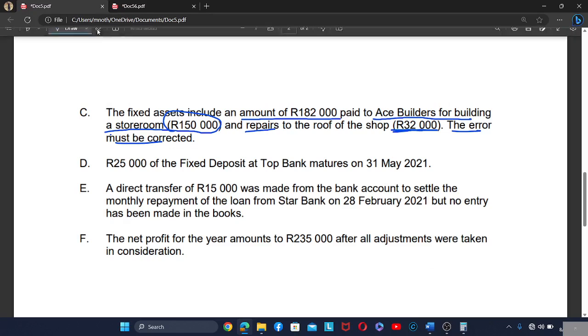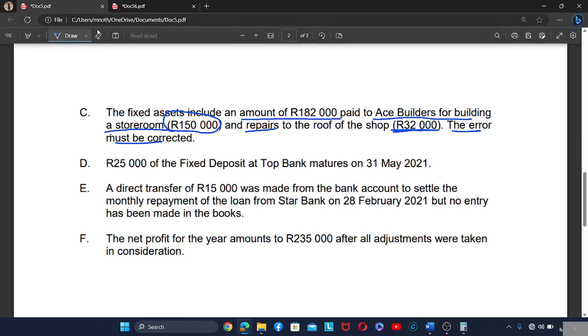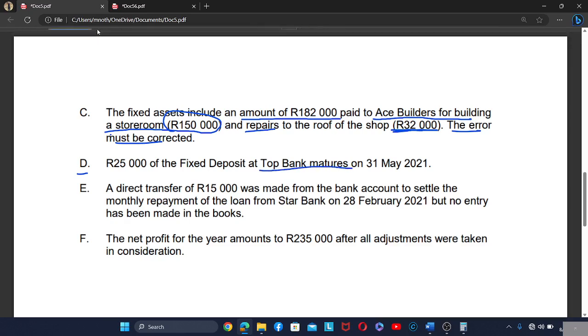And then letter D, 25,000 of the fixed deposit at the top a bank matures on 31 May 2021. Now, our year ends on 28 February 2021, right?